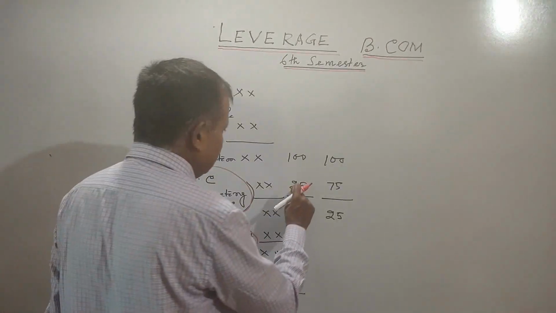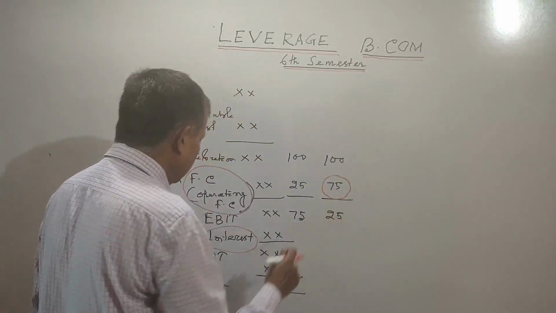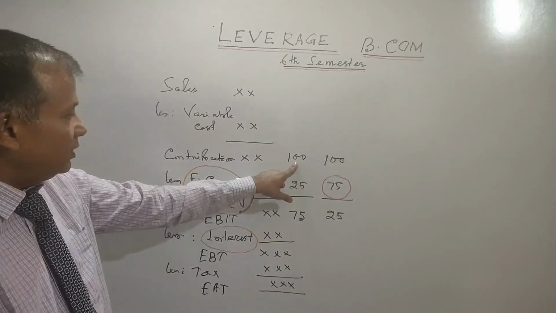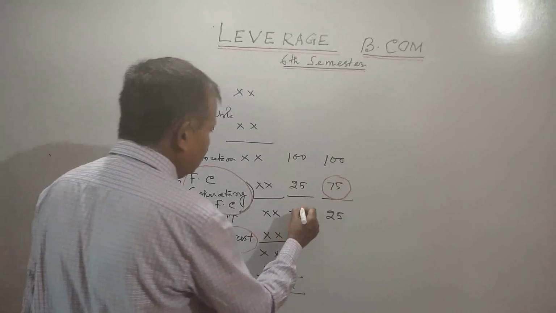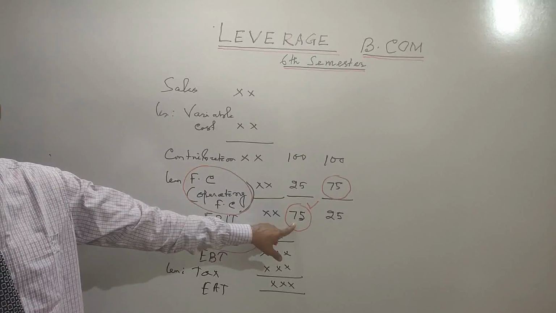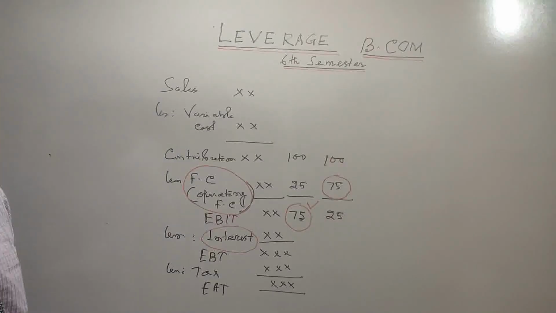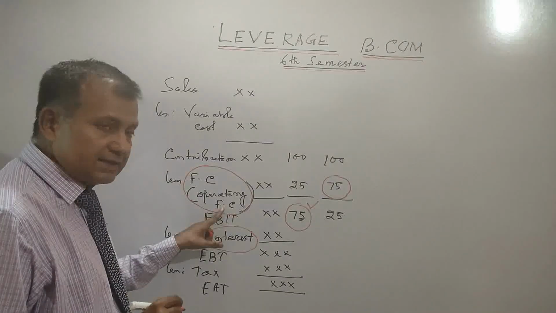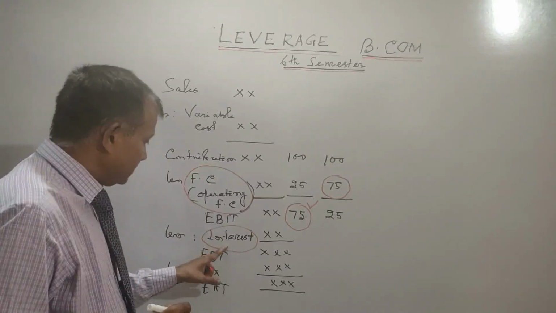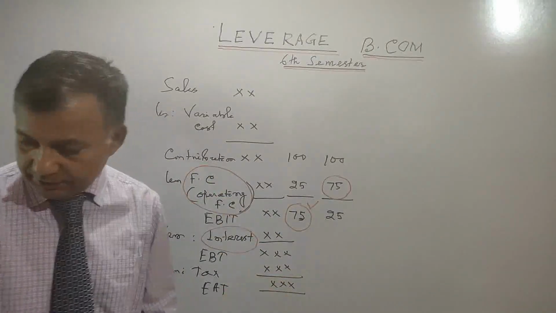This is less risk, this is high risk, because your EBIT is quite less in comparison to your contribution. Here EBIT is quite high, so this is a healthy position. Depending on the operating fixed cost, we have operating risk, that is degree of operating leverage. Depending on interest, we have financial leverage.